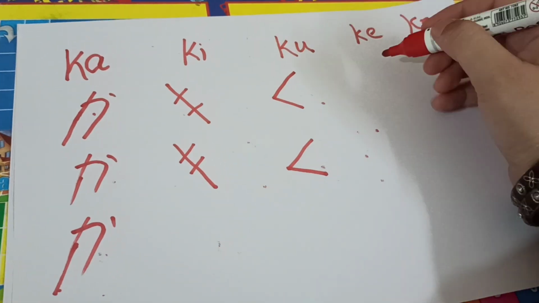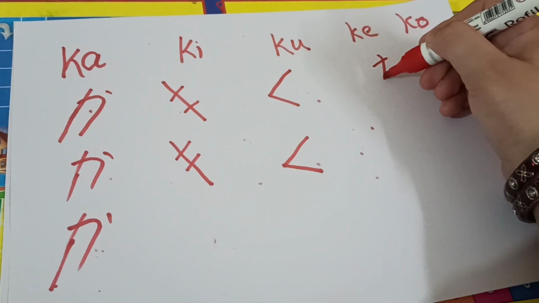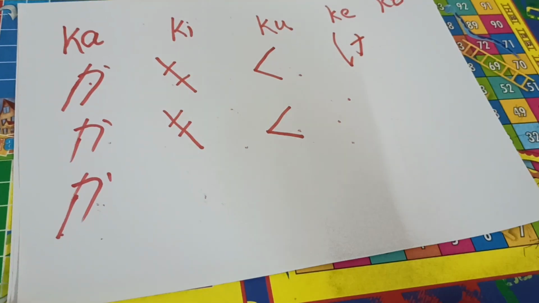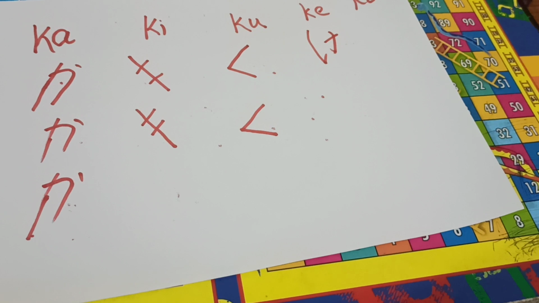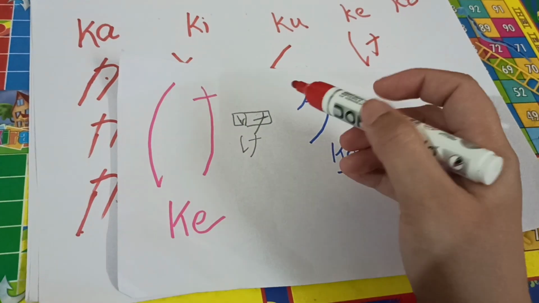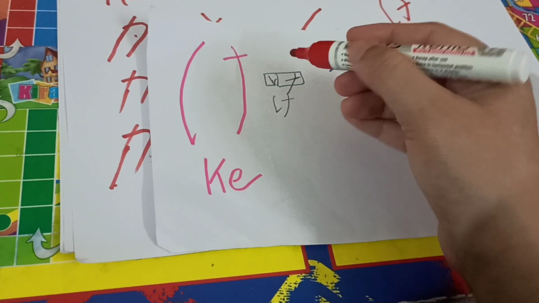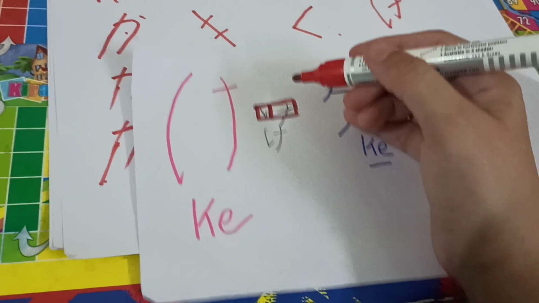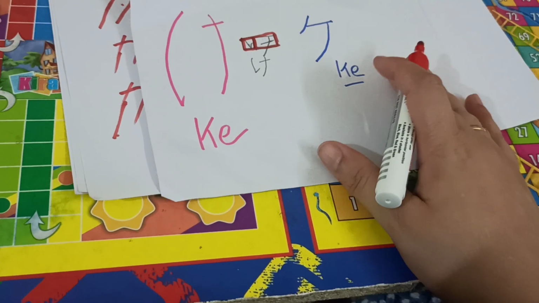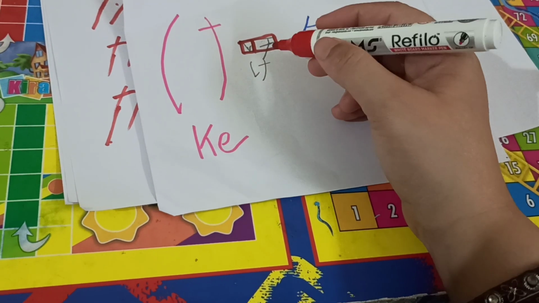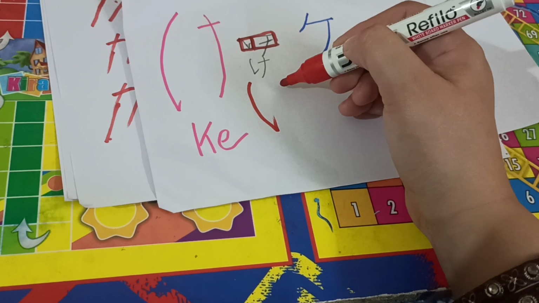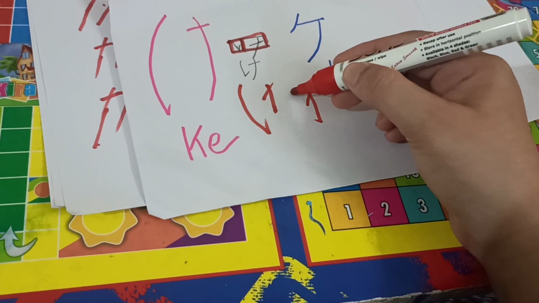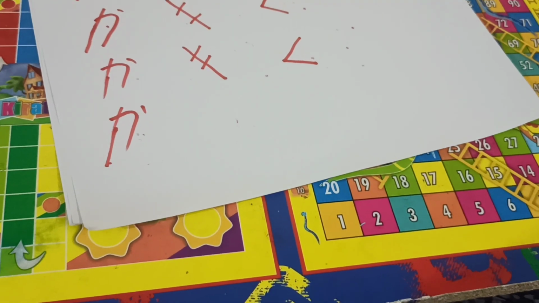Next is Ke. Ke is Keshigomu. It's like an eraser. An eraser that has two parts, one small and one large.